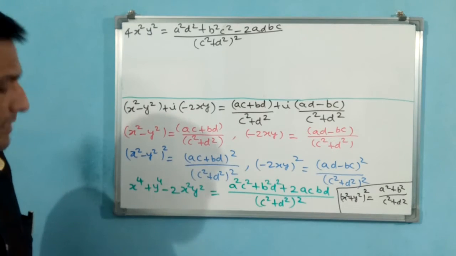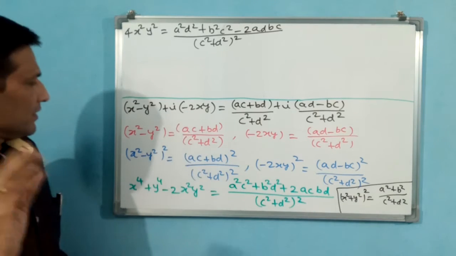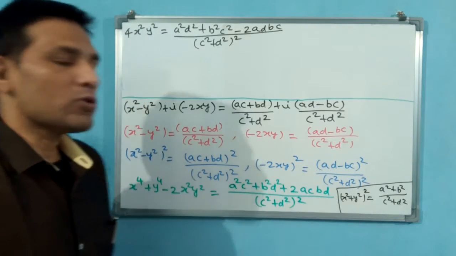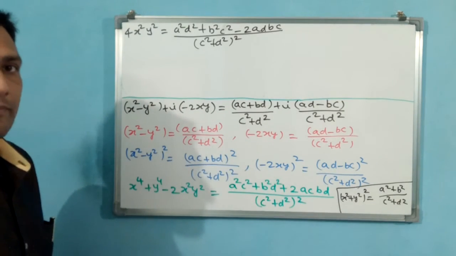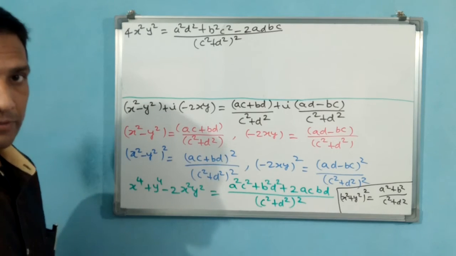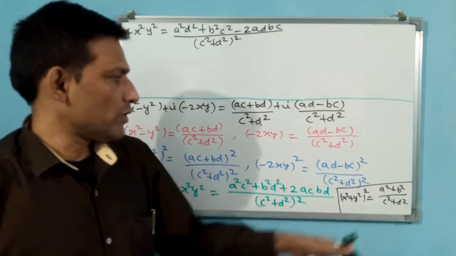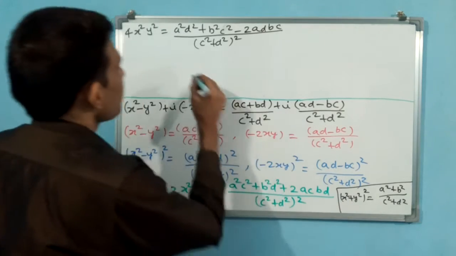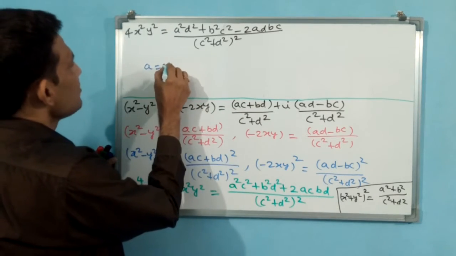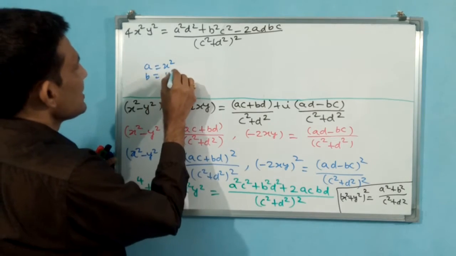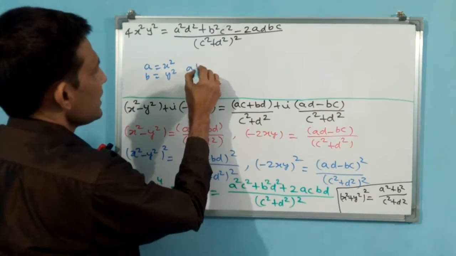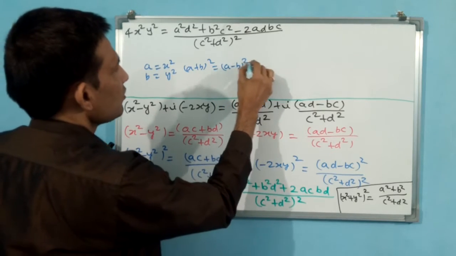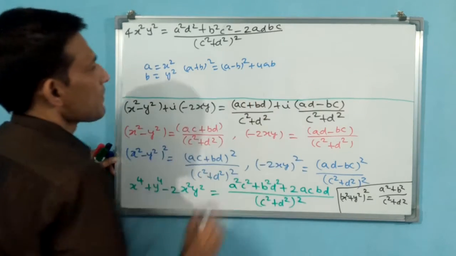Now let me tell you one thing. How is x square plus y square whole square going to come? I have already told you. Let a be x square and b be y square. Now a plus b whole square is equal to a minus b whole square plus 4ab.